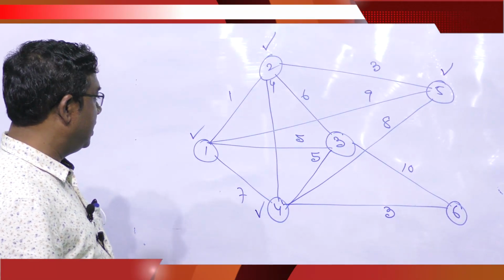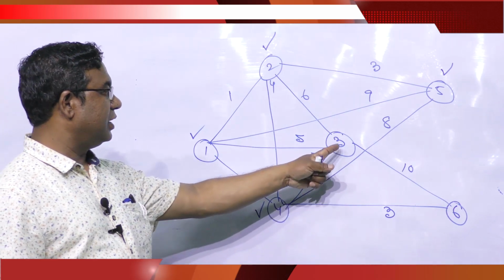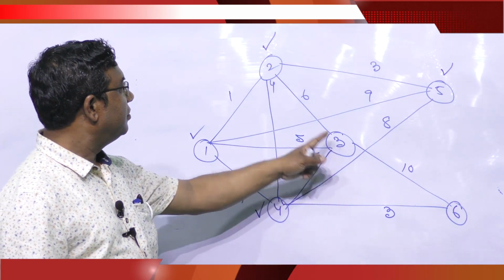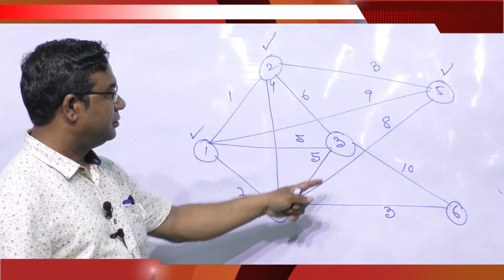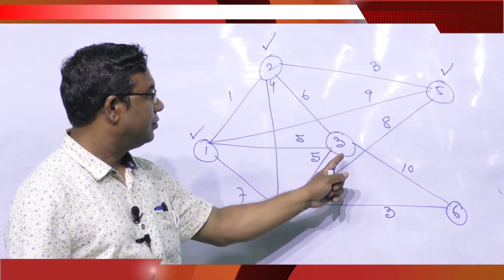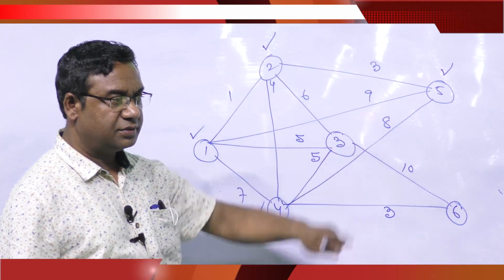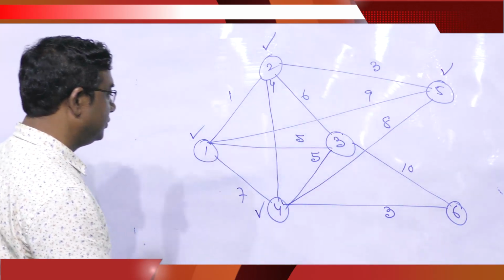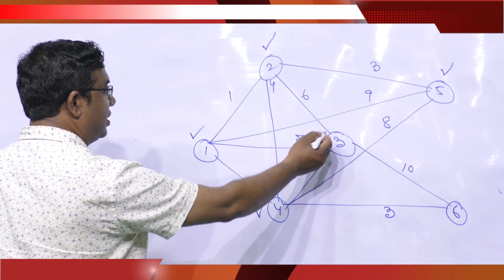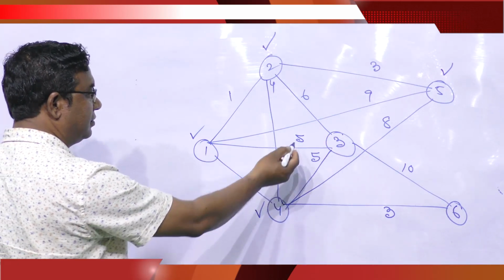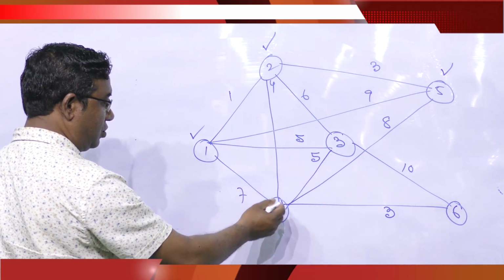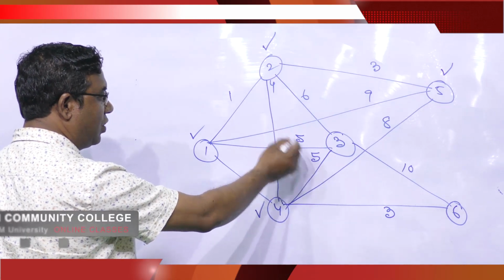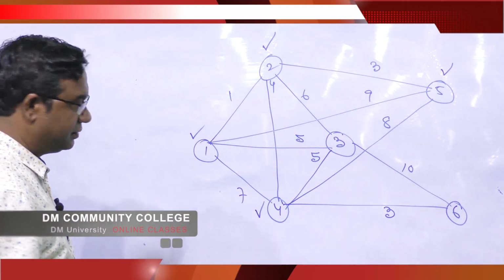Next, let us check the unconnected node 3. 6, 5, 5. No connection is there between 3 and 5. So node 3 is nearest to node 1, at 5. Node 3 to node 4 is also 5. So these are equal, so we can choose any one.